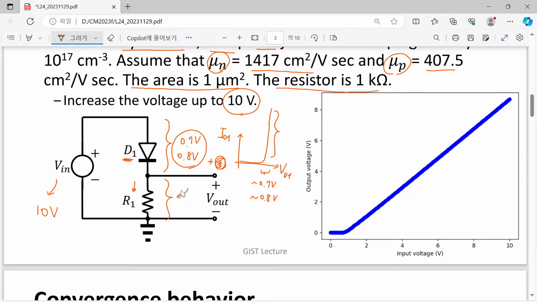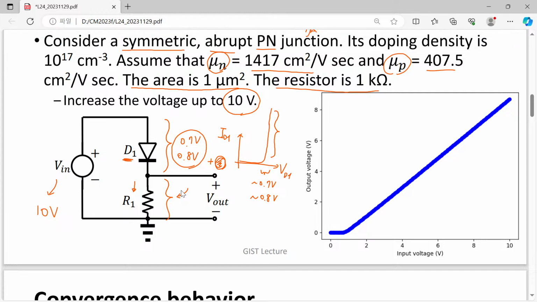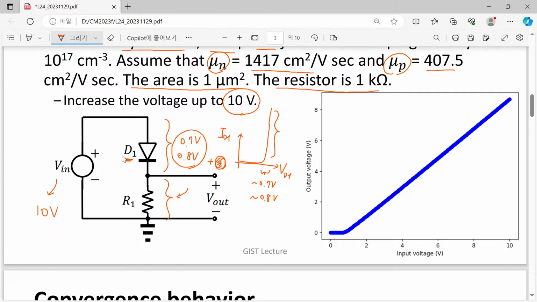To someone not familiar with this concept it sounds a little strange, but please understand D1 is so steep. Whether you have 10 times larger current or 10 times smaller current for D1, that does not change the voltage across D1.